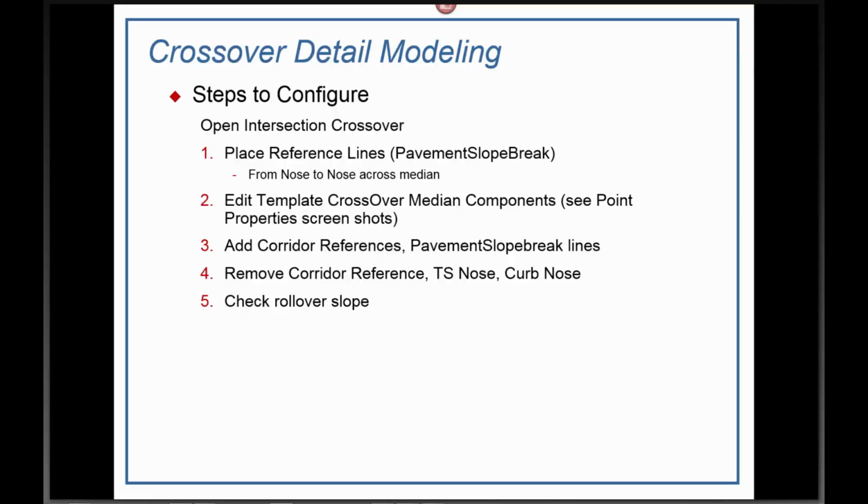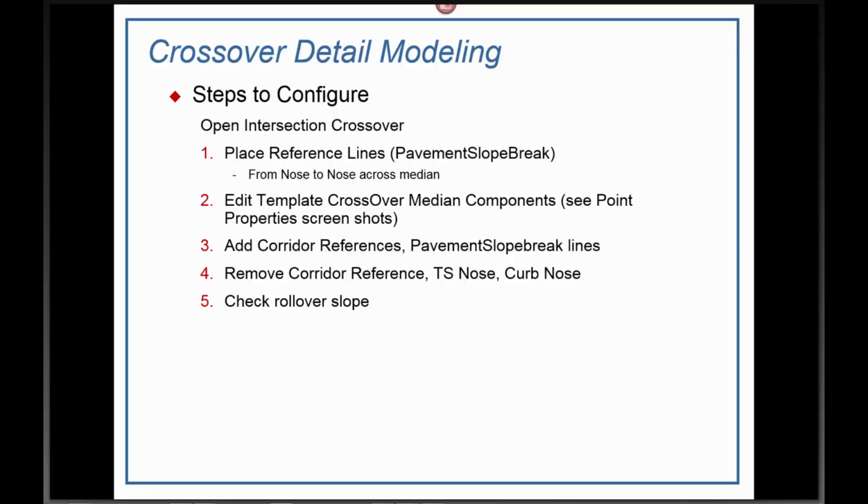The other thing is usually some detailing at the nose area of the model, the traffic separator nose, or if it's a curb type nose, you'll need to remove any corridor references you used off of the nose elements. And then we're going to use linear templates and civil cells to build the actual detail of the nose, mainly because the nose is never perpendicular at any location to the center line, which is where your corridor is based on.